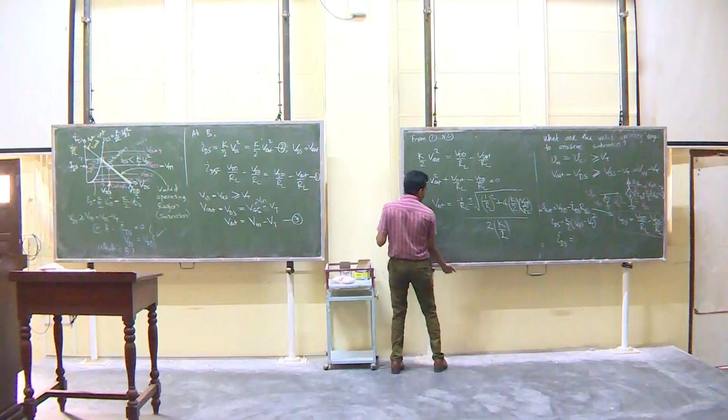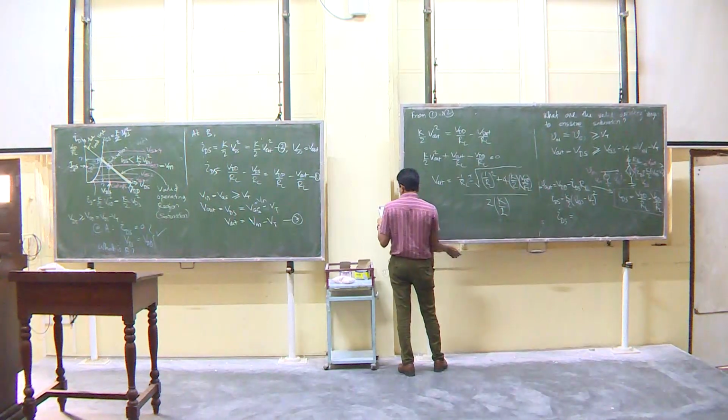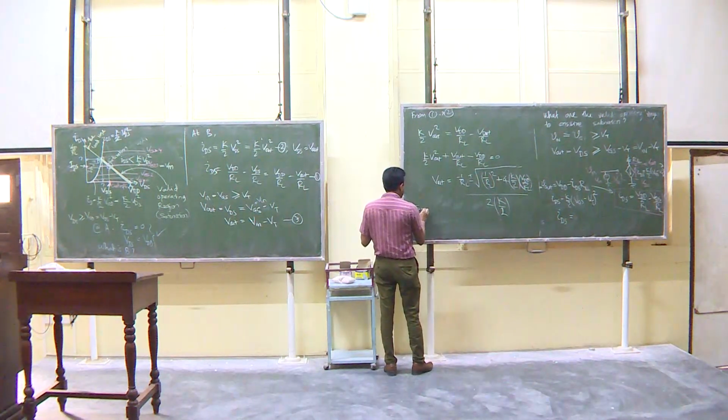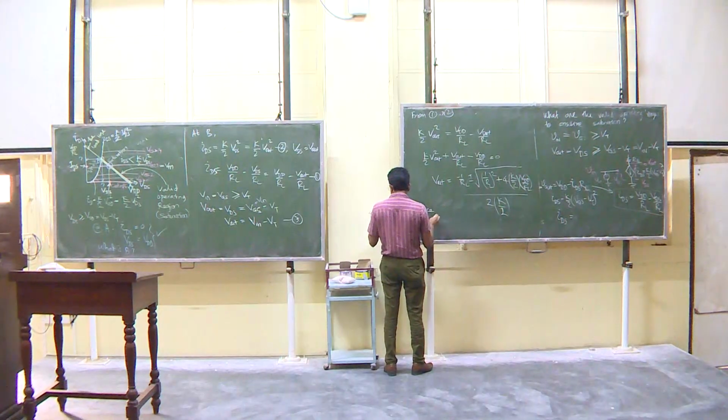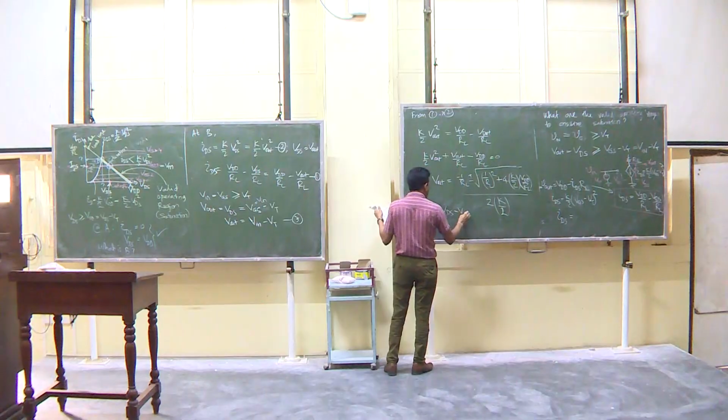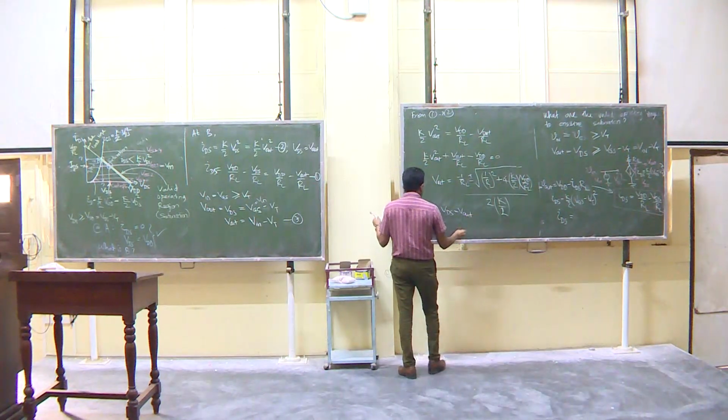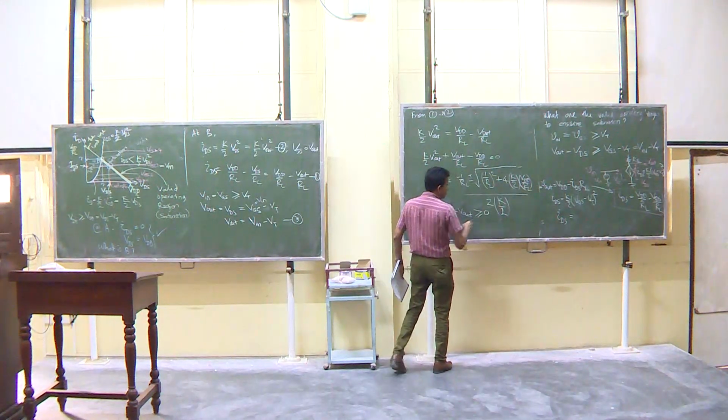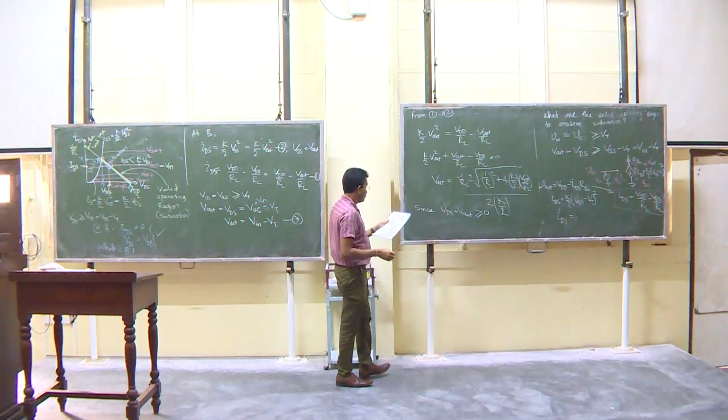So, therefore, I can say since VDS is equal to V out, it has to be positive, has to be greater than 0.